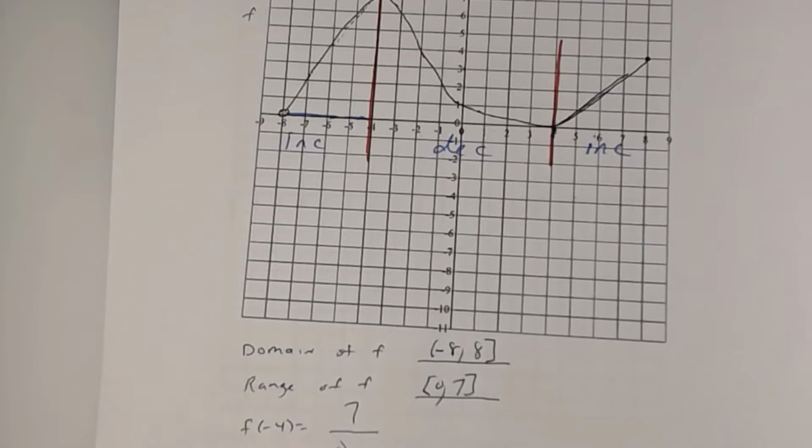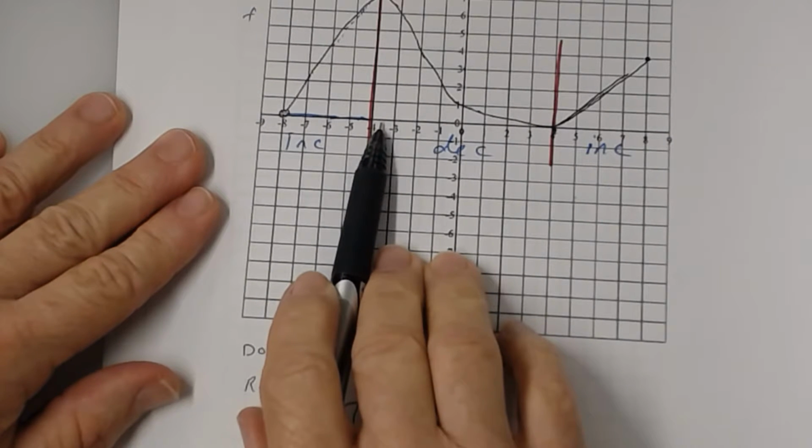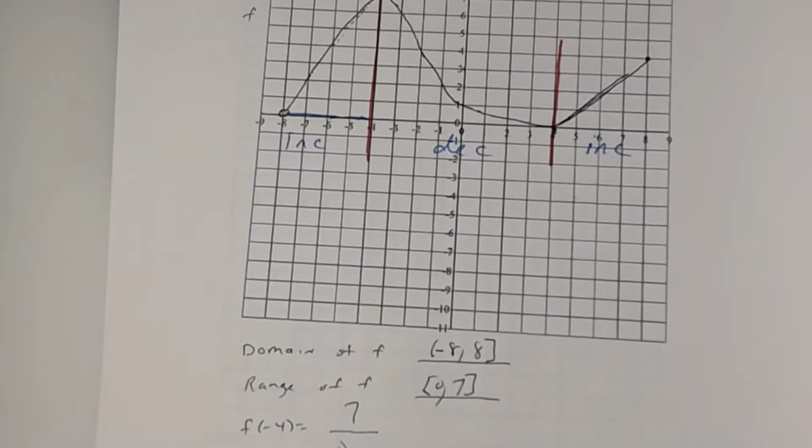All right, so from -8 to -4, what did my y values do? Increase. I'm going to say this. Whenever you're asking for increasing, decreasing, or constant, you're always looking at open intervals. So your intervals will always be open.